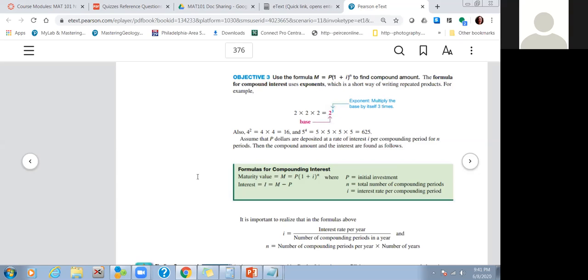Then you compute the interest and you add it in and you get your new P for the next period going forward. That's good to do, and it's good to help you conceptually, but most of the problems will be done using either the formula or a shortcut computation for the formula that uses the tables provided in the book.